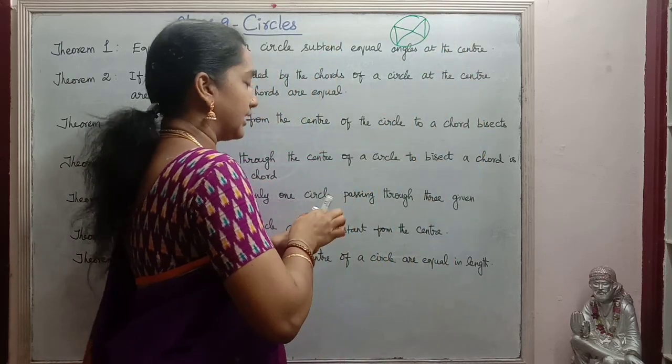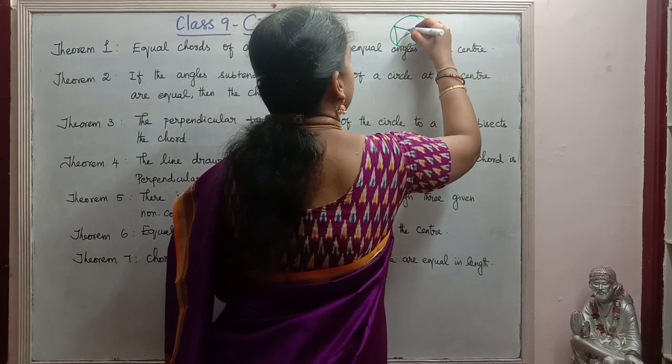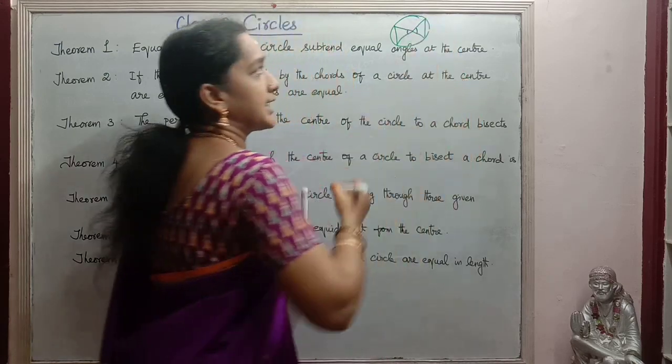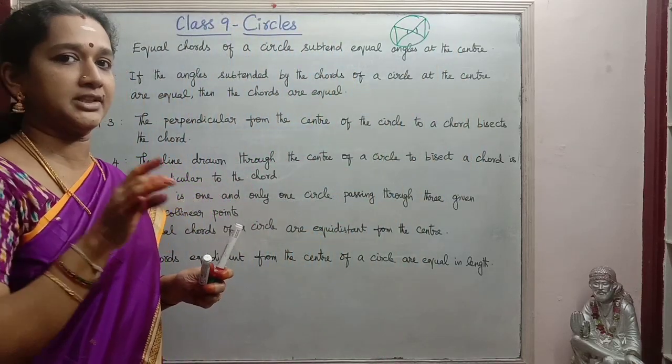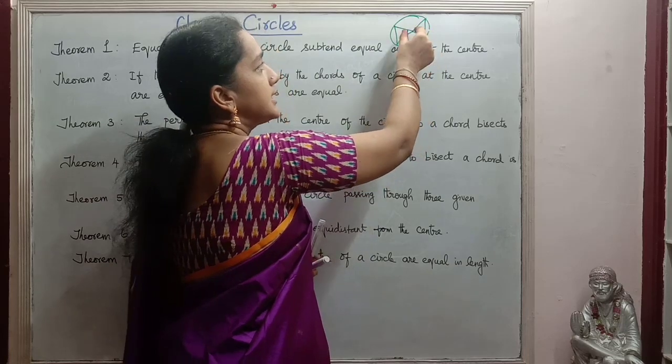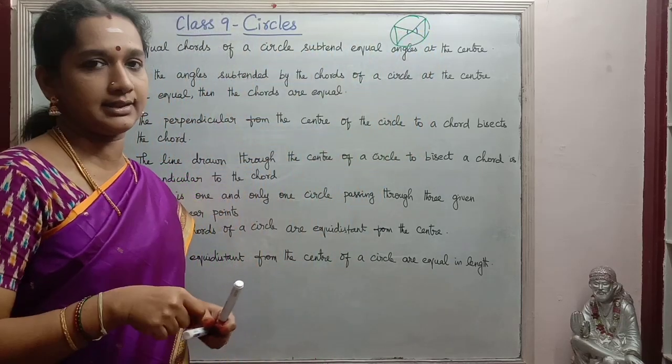This angle will be equal. That is the first theorem: equal chords subtend equal angles at the center.